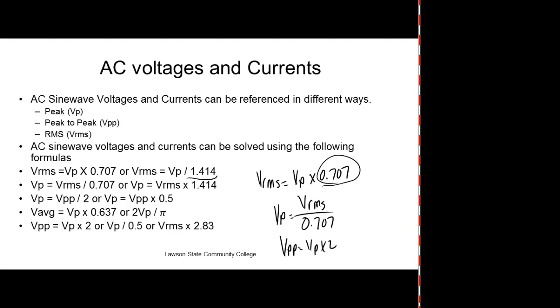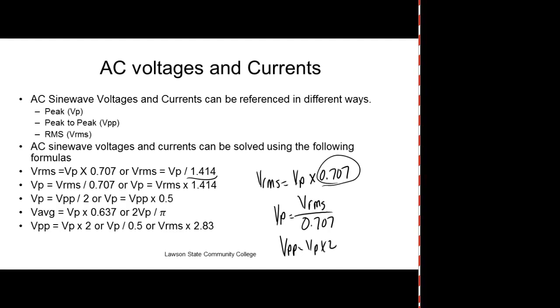Y'all understand that? If I'm going to V peak, then I'm going to divide by 0.707 because V peak is the largest. If I'm going from V peak to RMS, I'm going to multiply by 0.707. If I'm going from V peak to peak to RMS, I would take V peak to peak, divide it by 2, and then multiply it by 0.707.